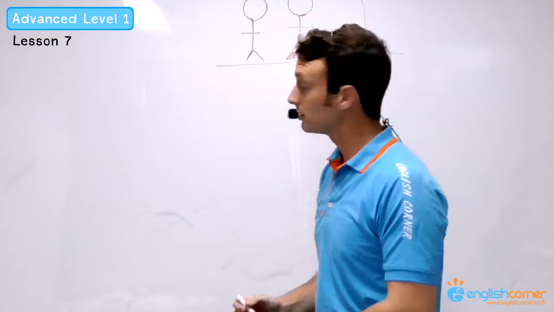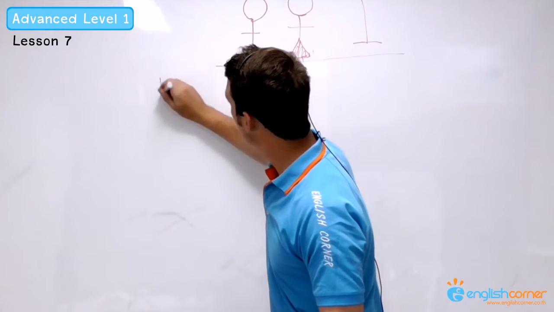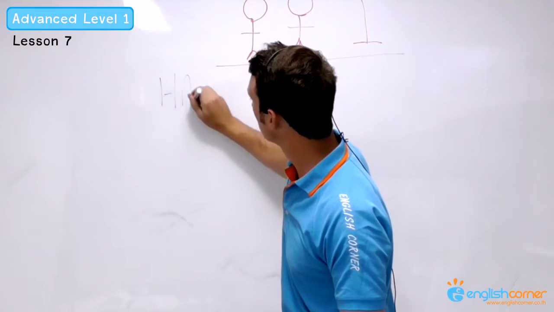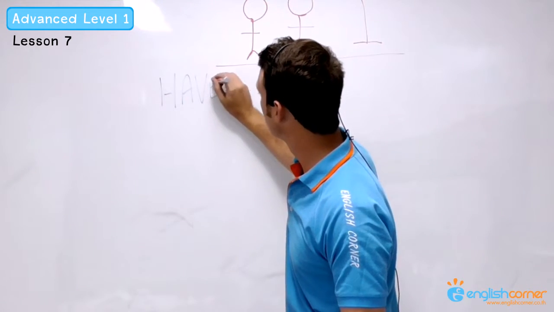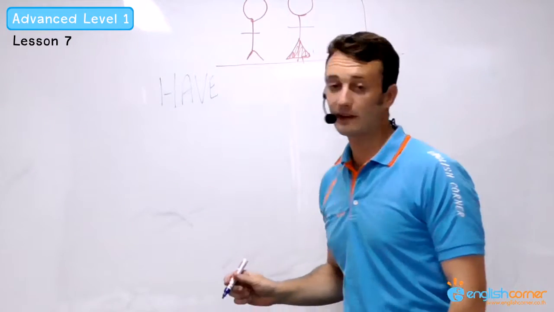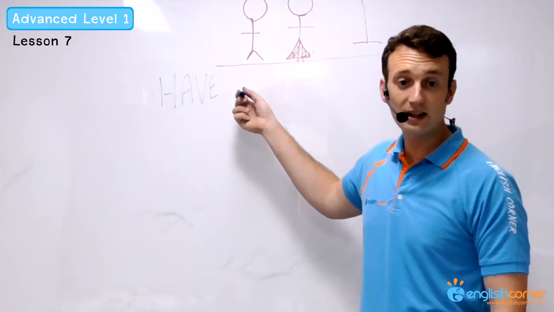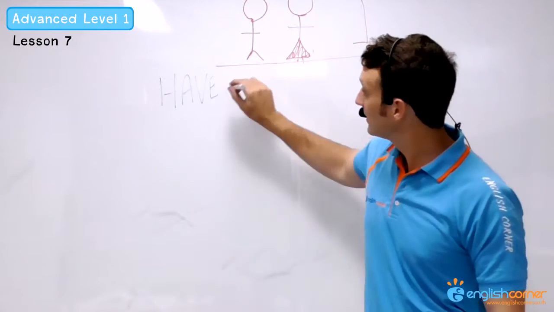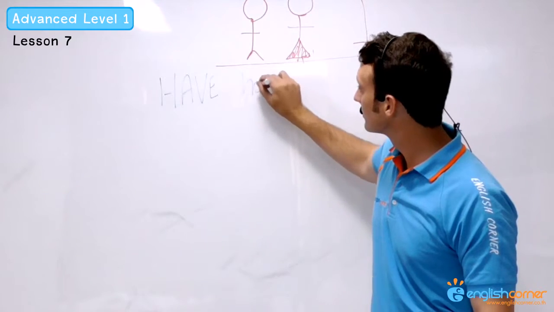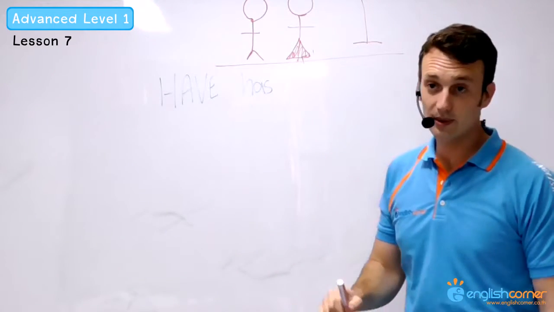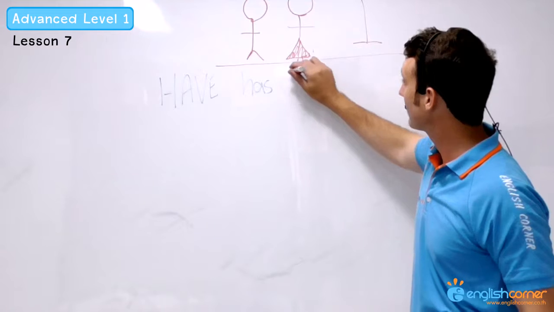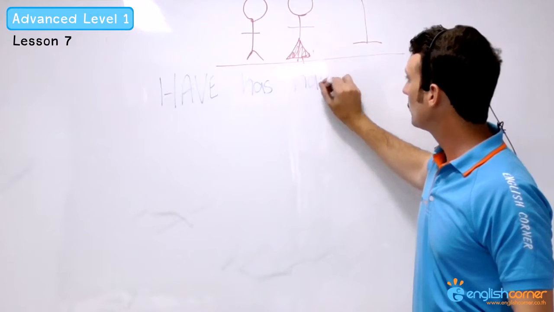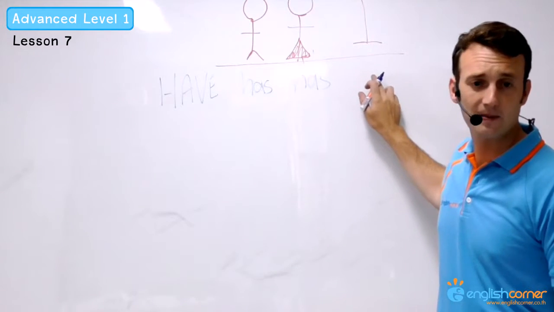And on this side, we have have. If we use it with he, we say has. With she, we say she has. But what do you say with I?